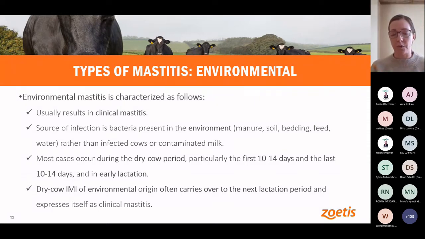We'll talk about it a bit later as well, but a lot of the dry cow intramammary infections that are obtained in the dry period of environmental origin often stay quiet during that dry period, and then in the first 2 weeks or sometimes up to 3 months of the next lactation, it expresses itself as clinical mastitis.